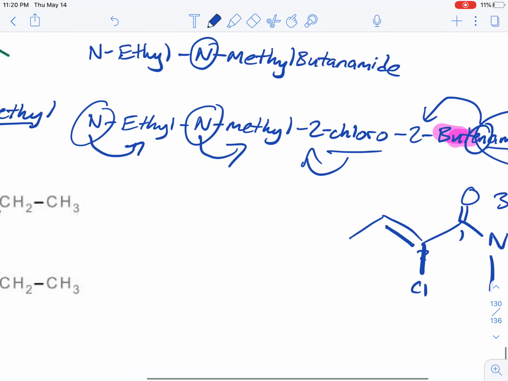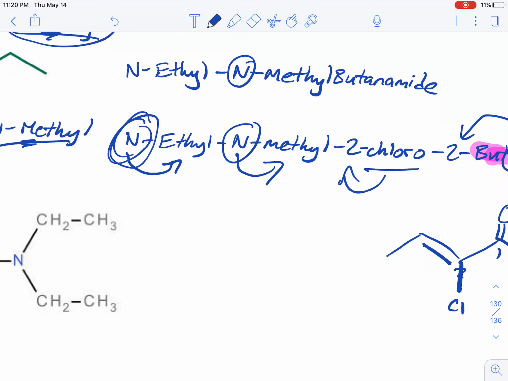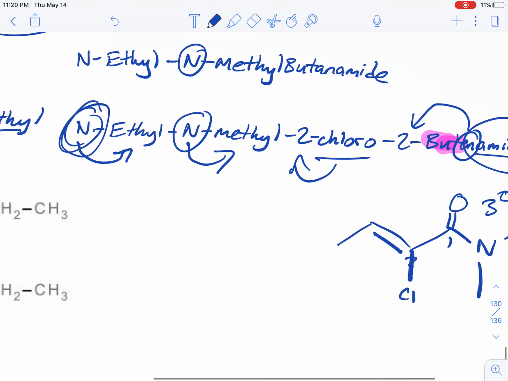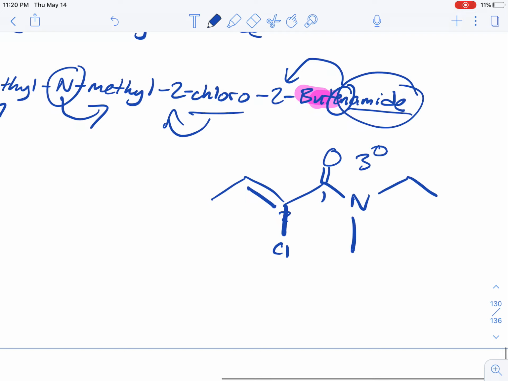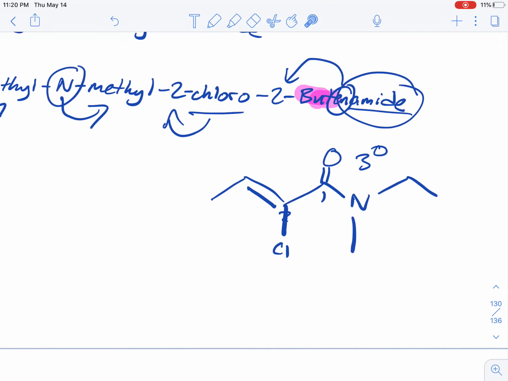If you only have 1 N, like only an N-ethyl, no N-methyl, on an amide, you know that's a secondary amide. And if you don't have any N's, no N-ethyl, no N-methyl, and you only have, for example, 2-chloro-2-butenamide, if you only have this portion, then that's a primary amide.